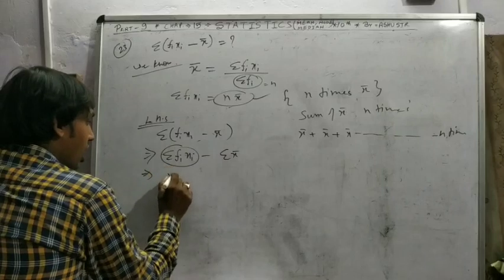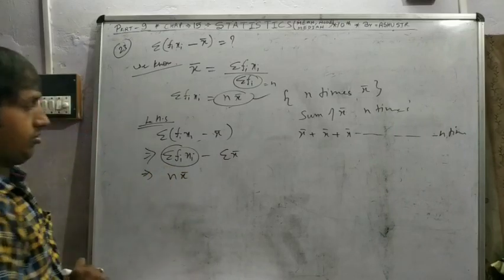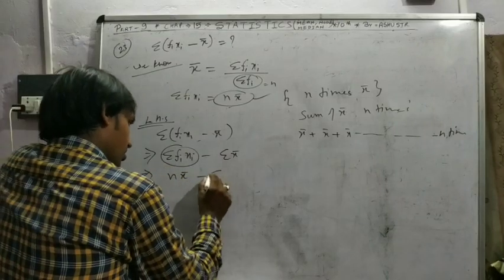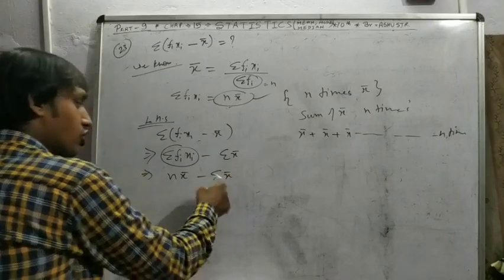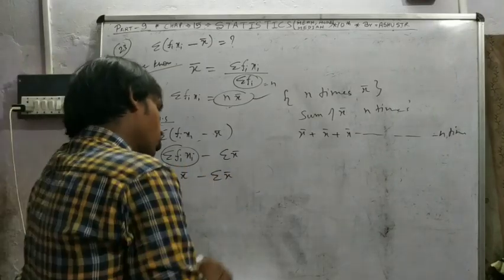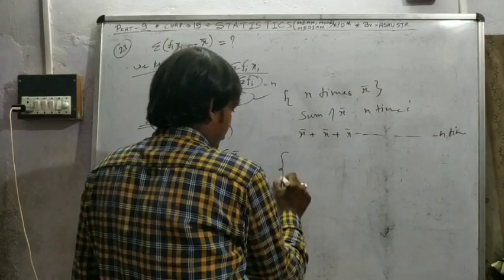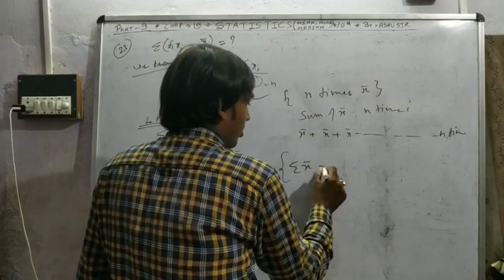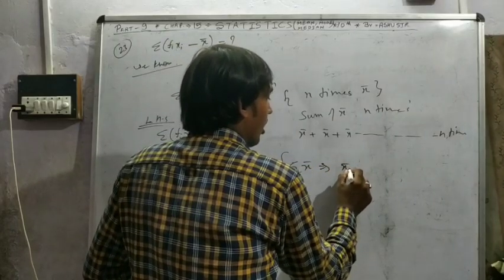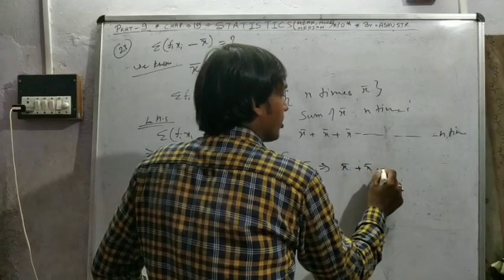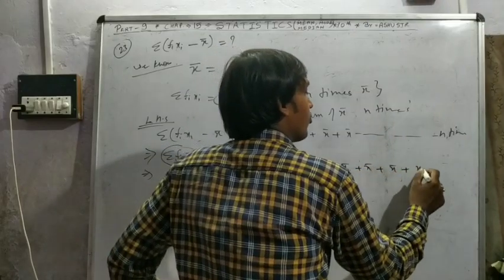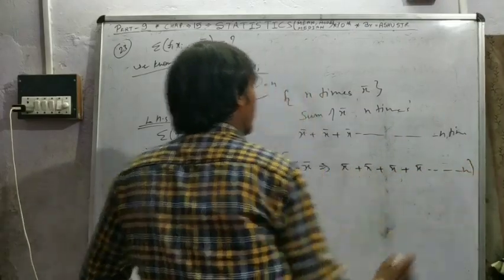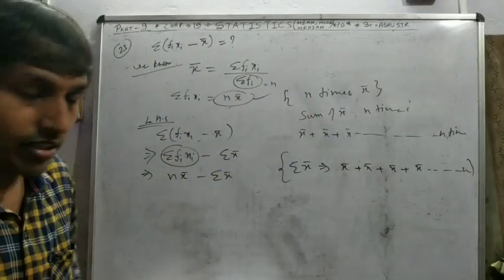This is n x bar, and summation of x bar also means first, second, third, fourth, n times, because n times is given.